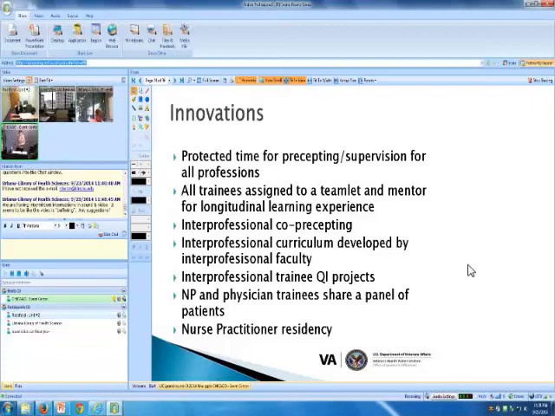All our sites have been built on physician training, so they've really revised it to be an interprofessional training curriculum developed by the interprofessional faculty. The trainees work together on quality improvement projects. So I told you about the one with the ER visits. Trainees have been working on those projects to reduce ER visits.